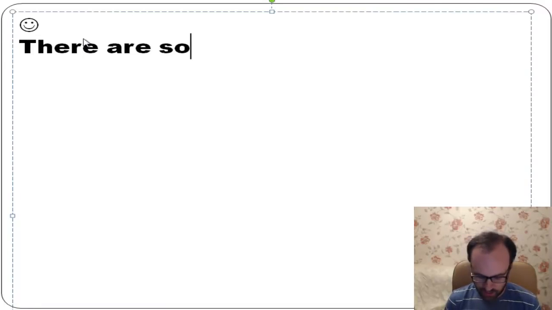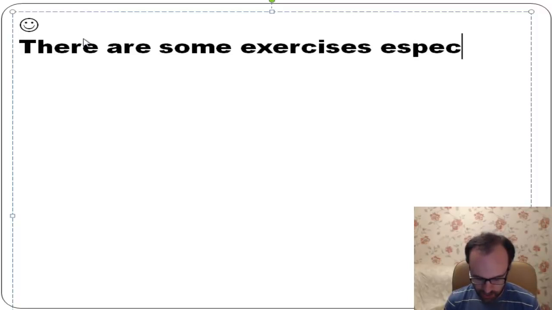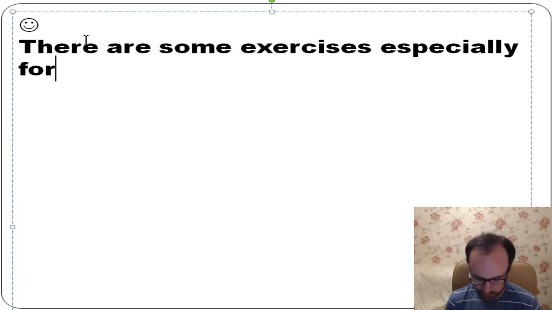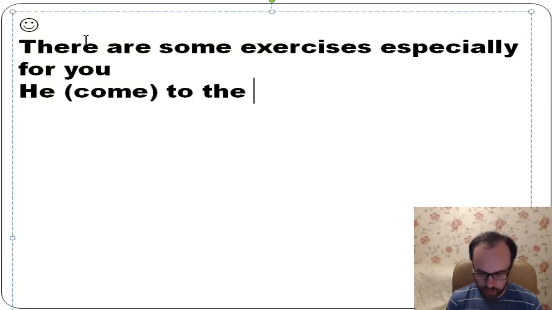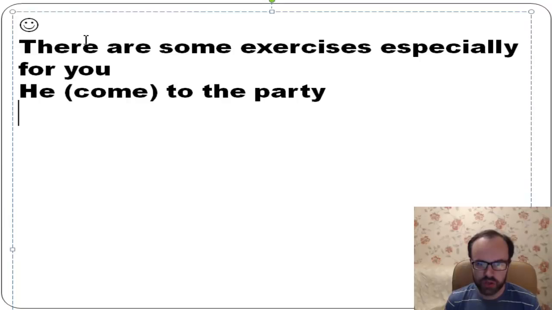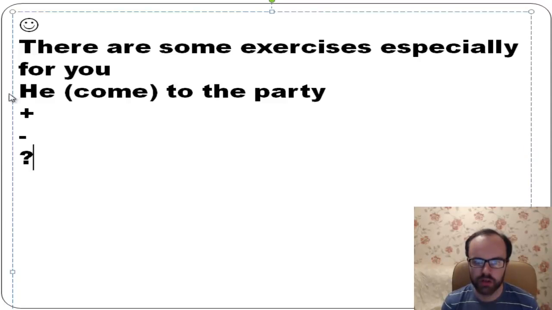There are some exercises especially for you. He come to the party. You need to say it in past simple, in a statement, in a negative form, and in a question.